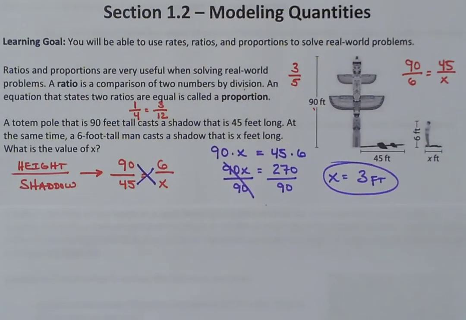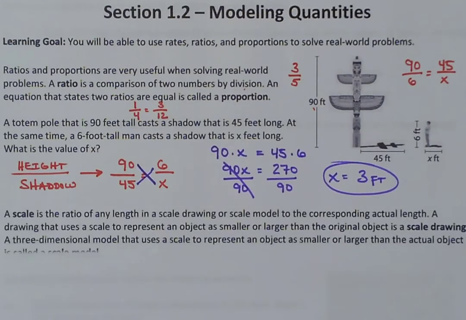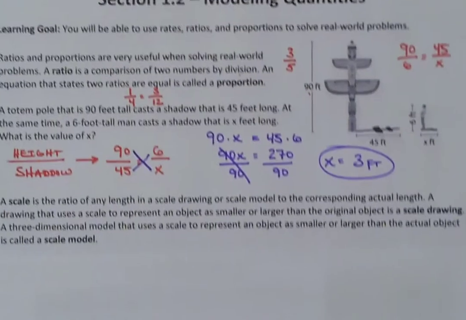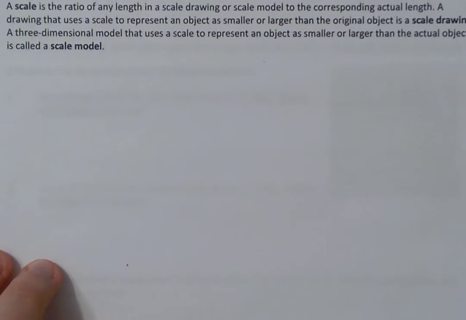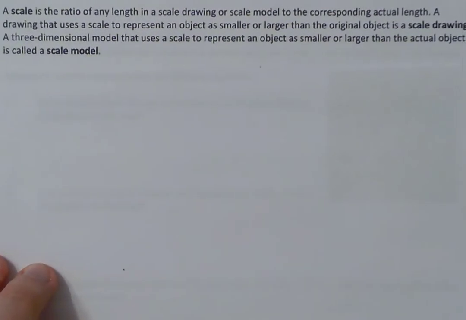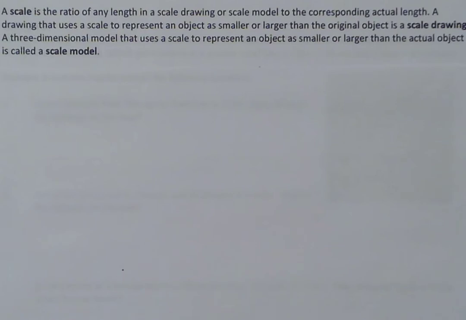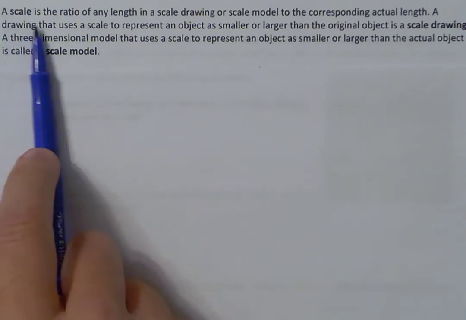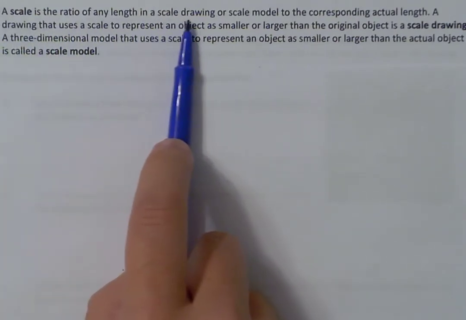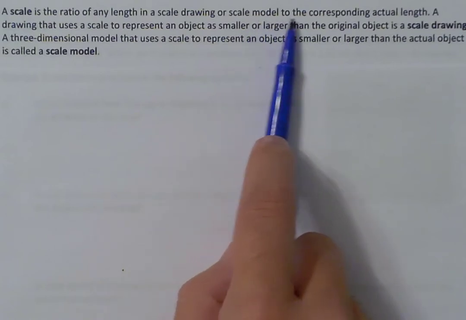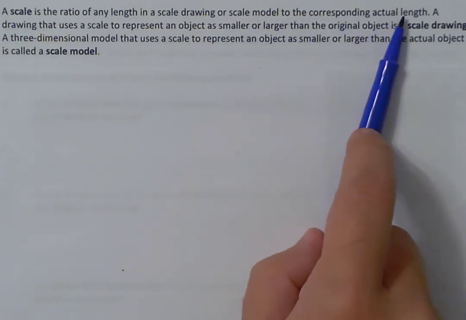All right, so with that said, we're then going to move forward and use proportions to help us solve problems for example 1. Now, we are going to talk about scales in terms of scale drawings and models, so let's talk about that before we jump into example 1. So, a scale is the ratio of any length in a scale drawing or model to the corresponding actual length.